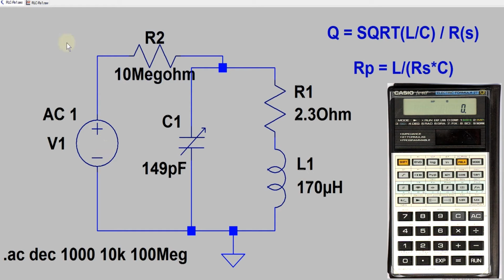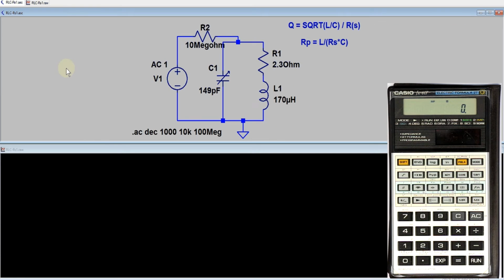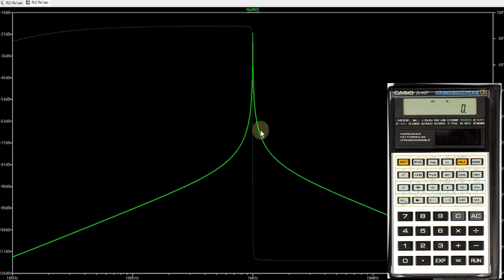And now let's do the simulation again. Aha! That's how it should look. A very sharp peak centered at exactly 1 megahertz, and then steeply dropping off here in dBs. It's of course logarithmic, very sharply dropping off to the left and to the right. And now we can enlarge the center point just to measure the 3 dB points.